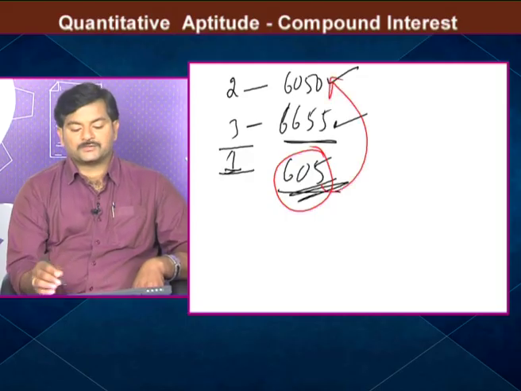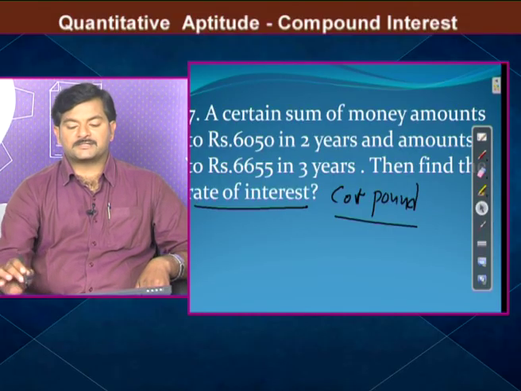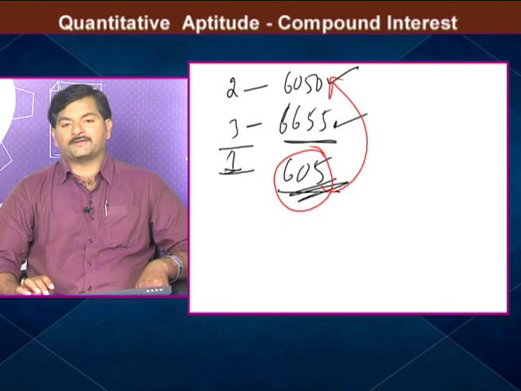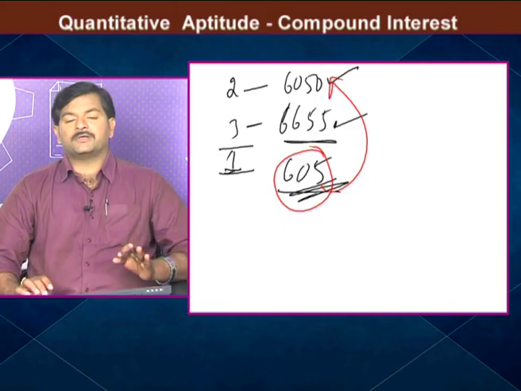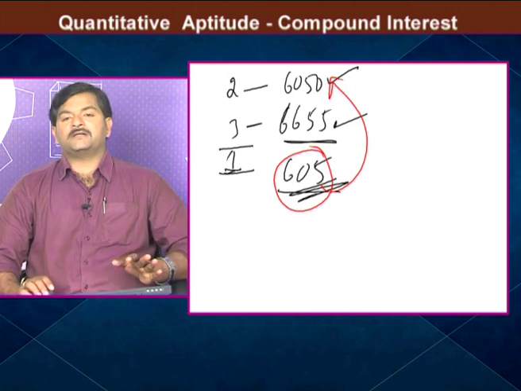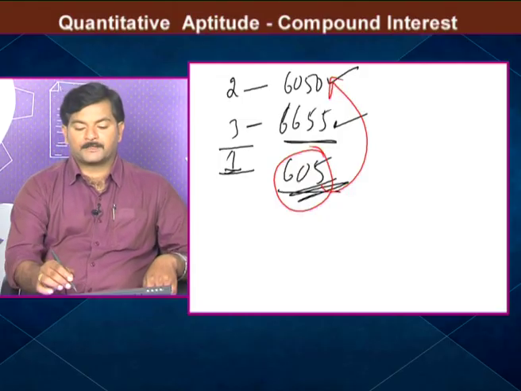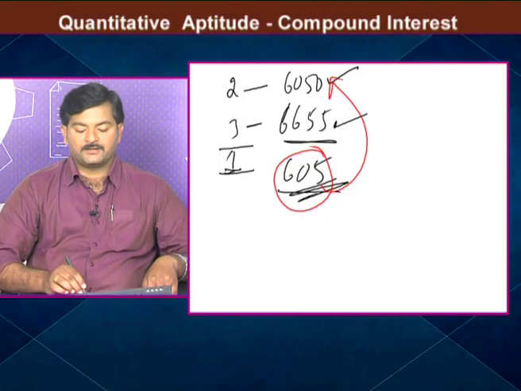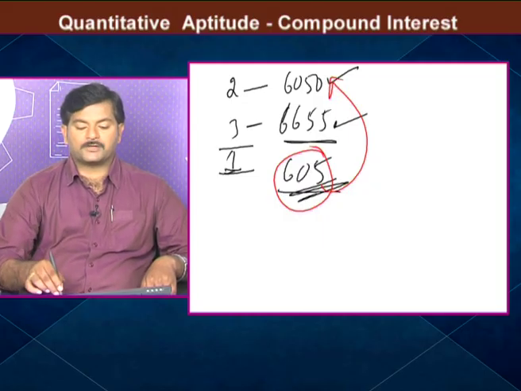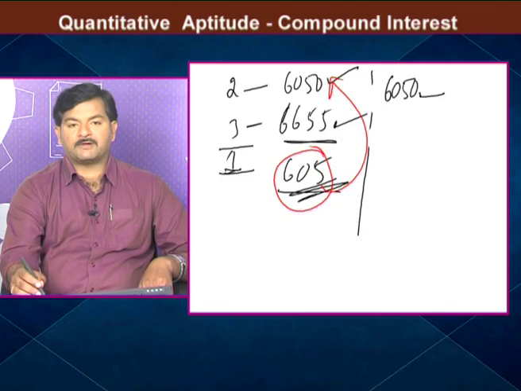So he asked to find out the rate of interest. What rate of interest here? Remember, compound rate of interest. The candidate should remember. Here it only appears as rate of interest, so we have to imagine that it's compound rate of interest. So it should be CI, not SI. Since it is a case of compound interest, on 6050 rupees my interest is 605.